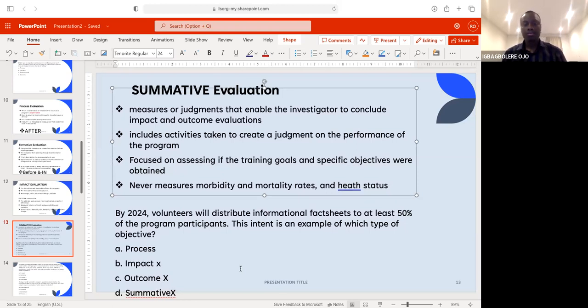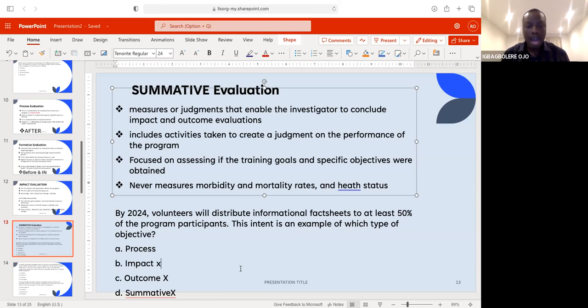Question number 1. By 2024, volunteers will distribute informational fact sheets to at least 50% of the program participants. This intent is an example of which type of objective, all right?